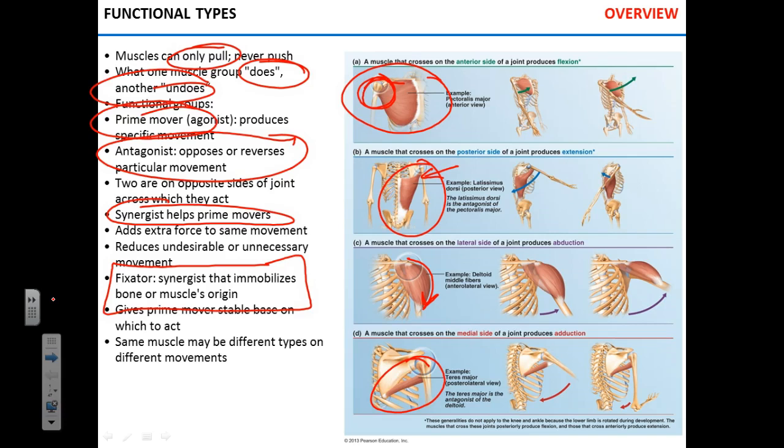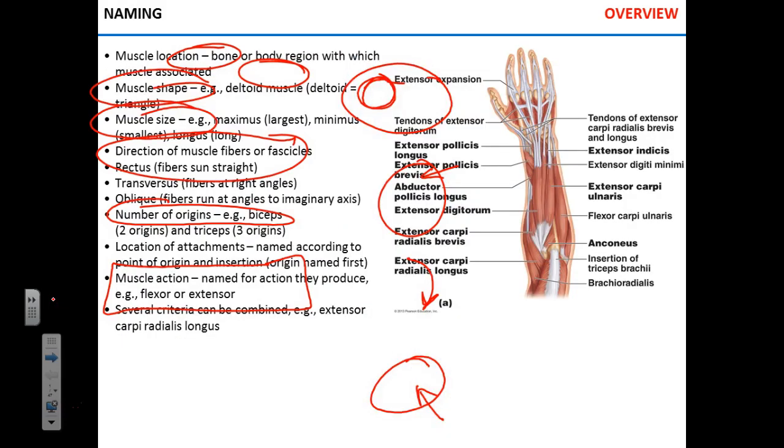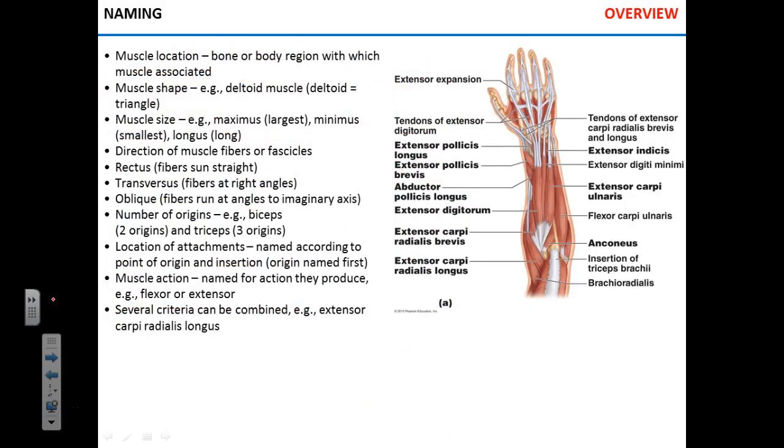Okay? For instance, teres major, that you can see here and you can see here, adducts the shoulder. Multiple adductor muscles, gracilis muscle, they adduct the leg. It should help. Okay? Naming. Pain in the ass.